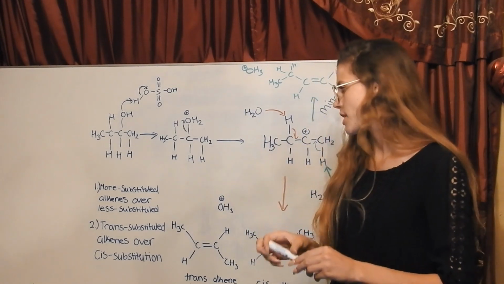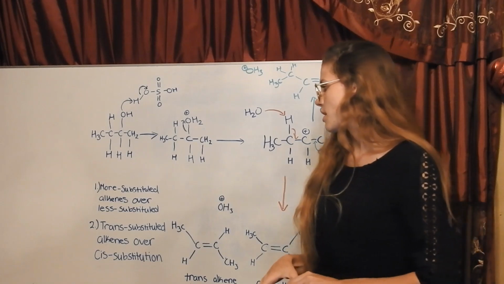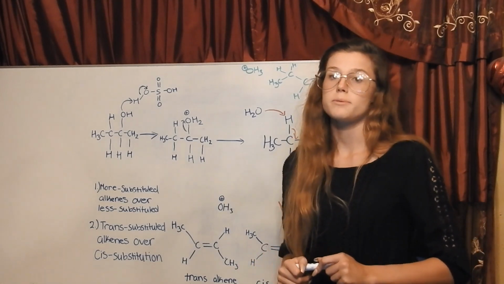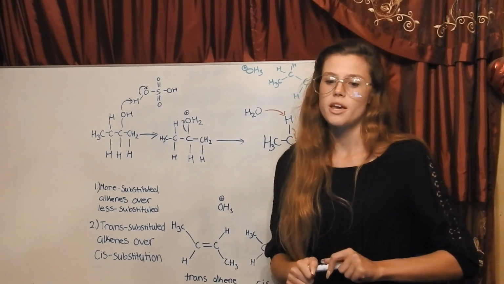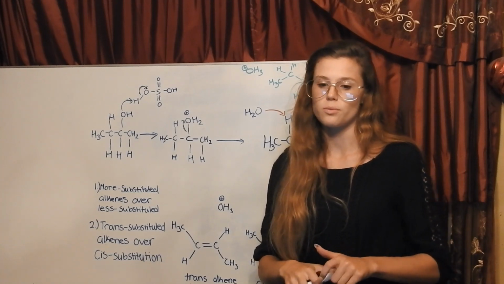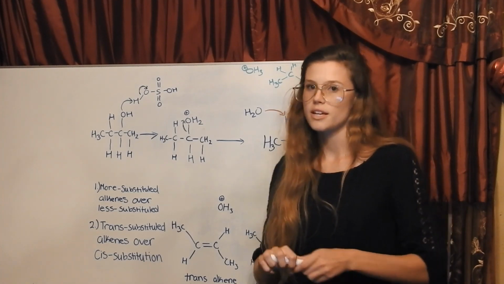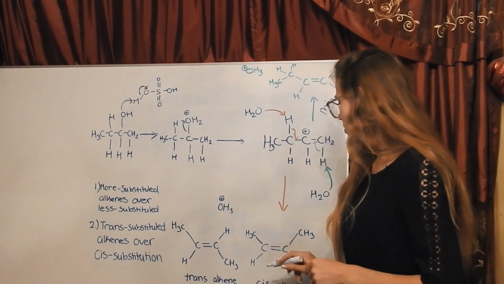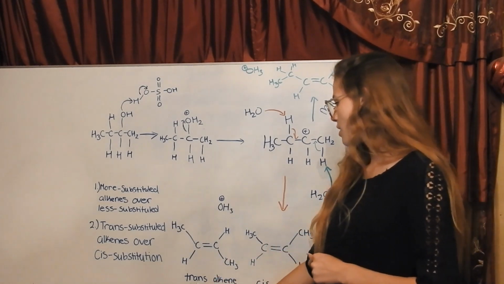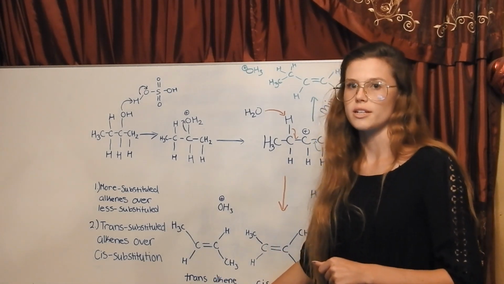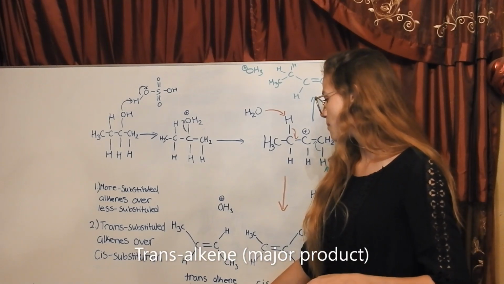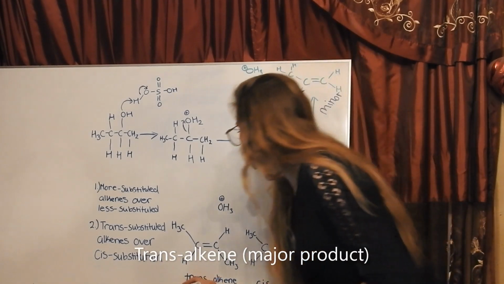Now, our second rule is the trans-substituted alkenes are preferred compared to the cis-substituted ones, as seen in our example. So this one, because it has the trans alkene, it is the major product.